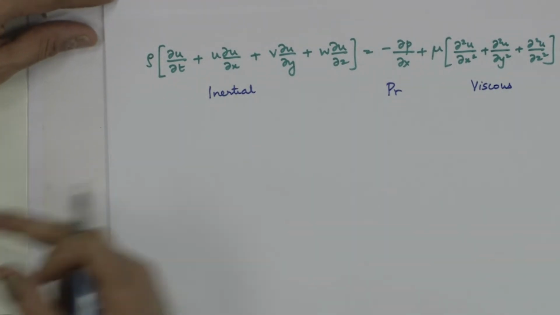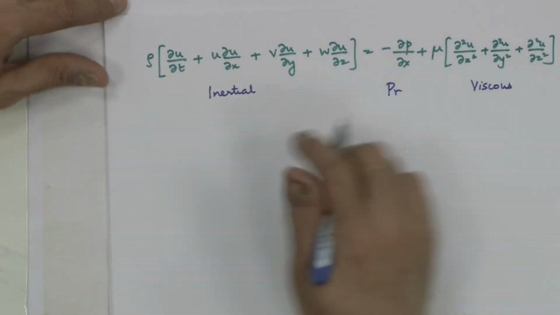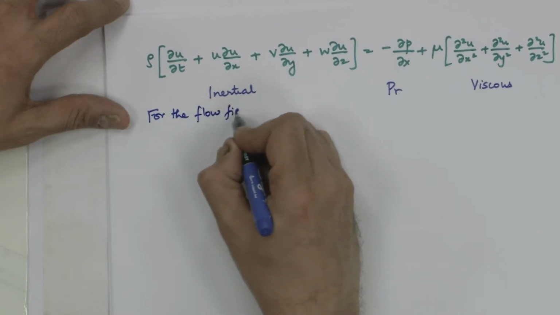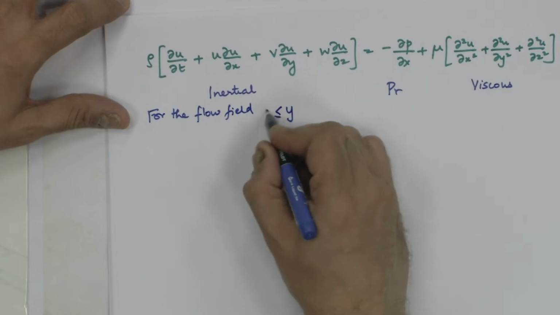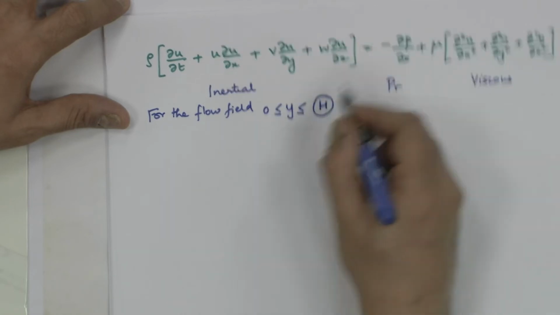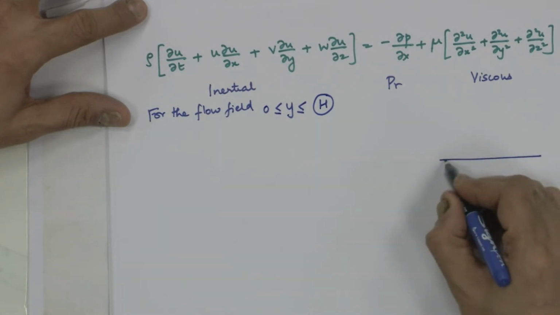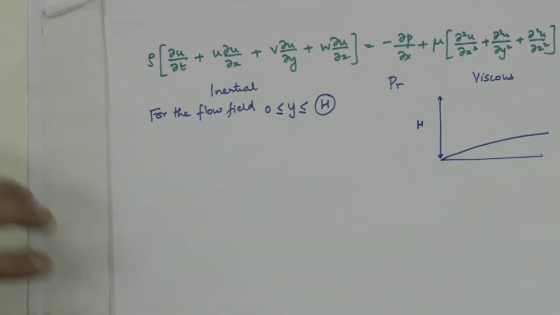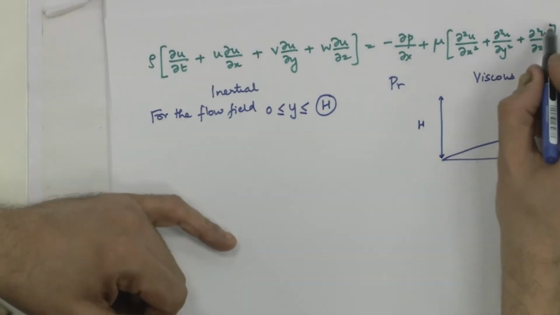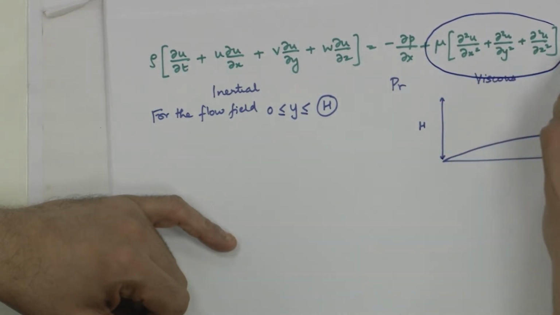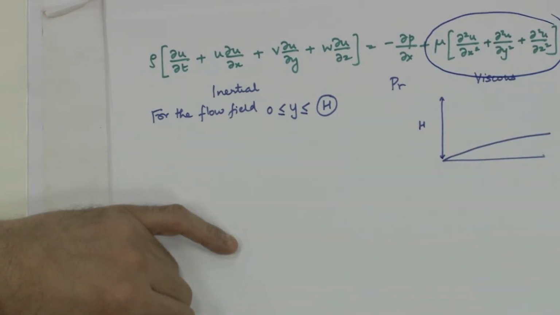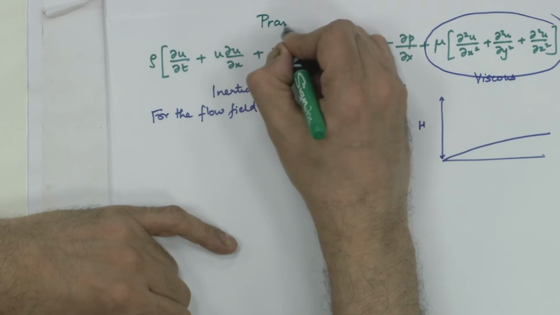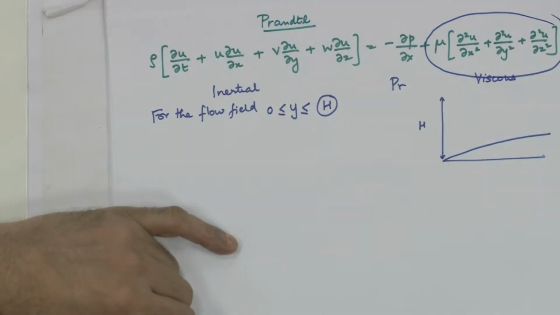What is happening? If I were to solve this full equation for the region, what is the flow field? I am just drawing this diagram here, with some capital H, a huge region. I have to solve keeping this term also. Now, the concept of boundary layer was because of our great fluid mechanician Ludwig Prandtl.